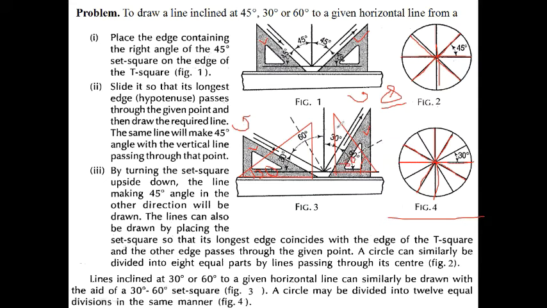Then using this set square we get this line, and using this set square we get this 30-degree line. In this way we divide the circle into 12 equal parts.